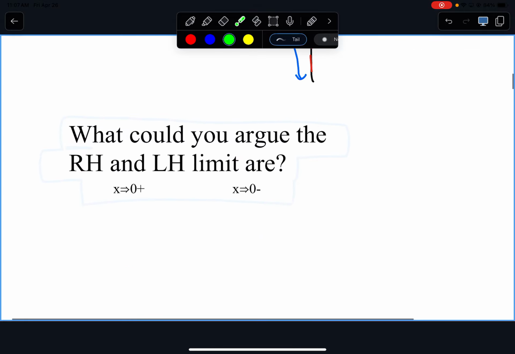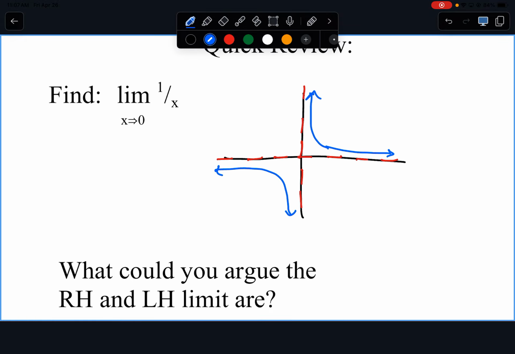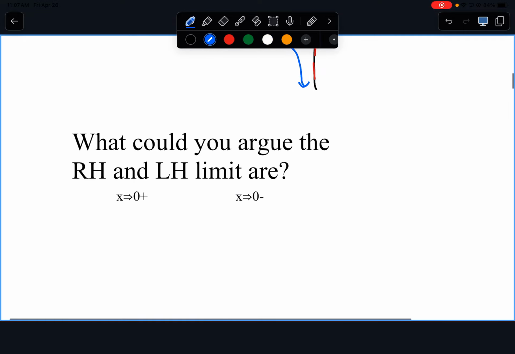If we're talking about the limit as x approaches 0 from the right side, the right-handed limit, that's what RH is standing for. Where is the graph going as we approach 0 from the right? It is going up to infinity. As we approach 0 from the right, you're going to positive infinity. That would be your right-handed limit. So I'm going to put positive infinity there.